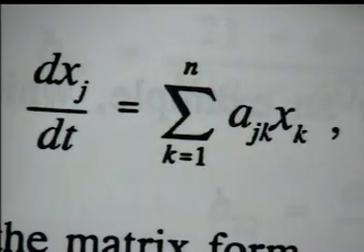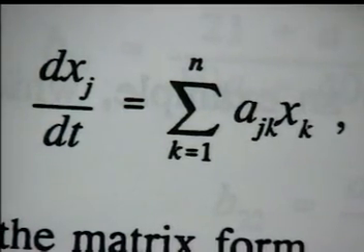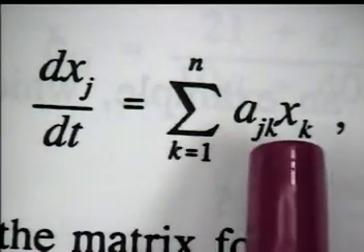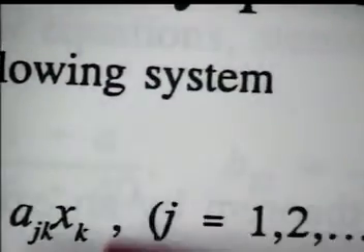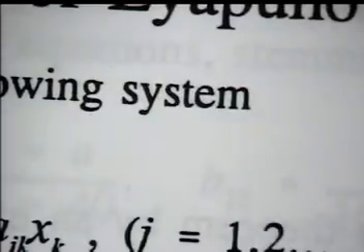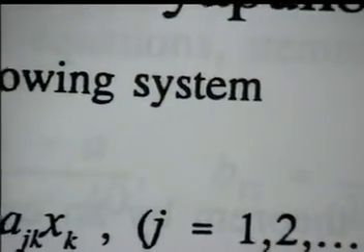That means I multiply the elements of the j-th row by the elements of the column xk.